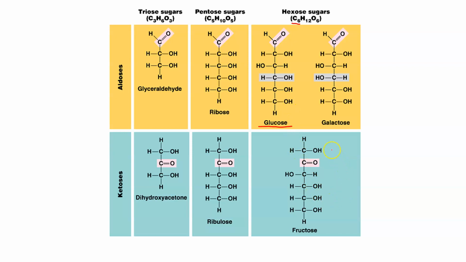Now some of you may have actually seen this sugar before. This sugar happens to be called fructose. Fructose has the exact same formula as glucose. If you notice, there's 1, 2, 3, 4, 5, and 6 carbons in there. But the difference is the arrangement of all of these other molecules.